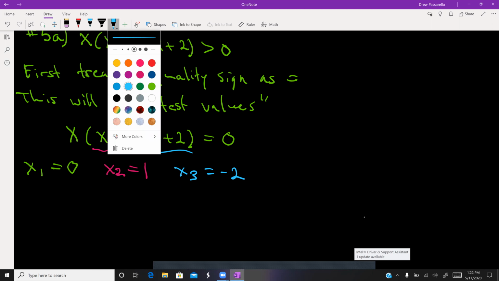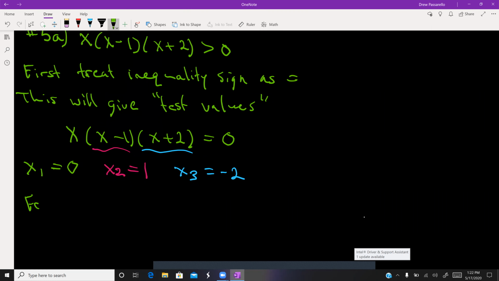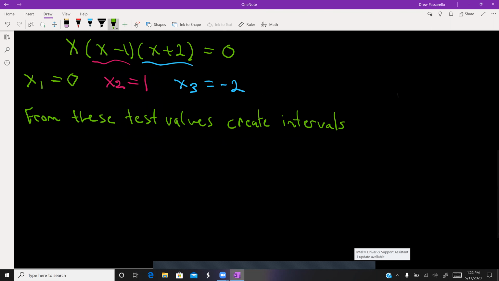And from the test values, I create intervals. And you could think of it like a number line. Let's see, so if I have a number line with 0 in the middle, so my positive values to the right, negative values to the left.